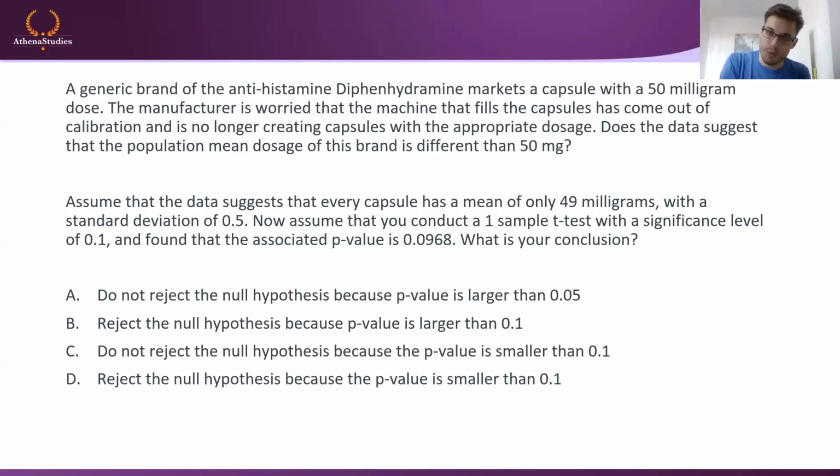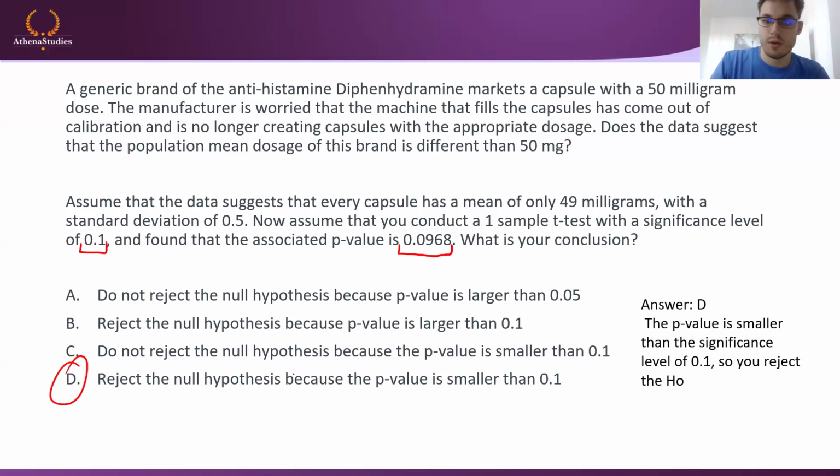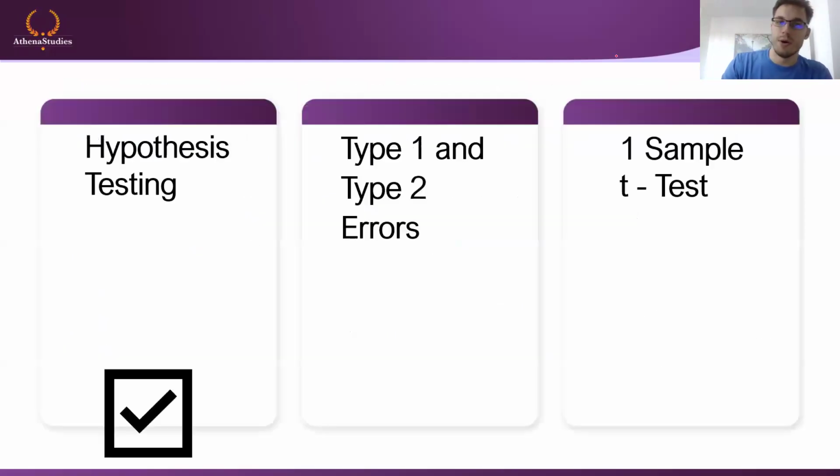In our case, we have a significance level of 0.1 and a p-value of 0.09. In this case, we simply reject because the p-value is smaller than 0.1. So D.